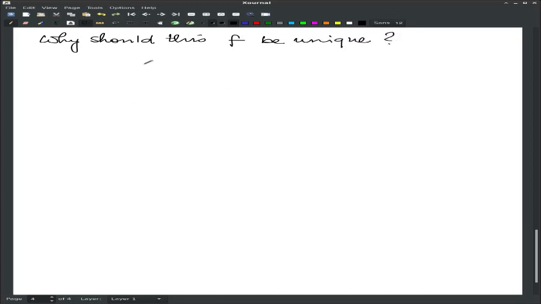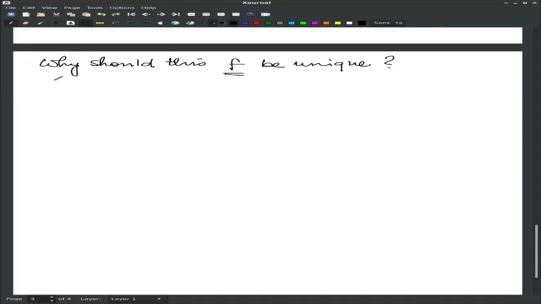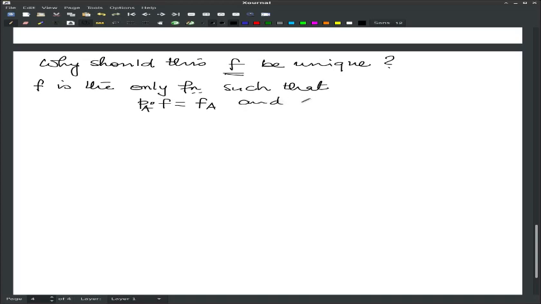What does it mean? I am not saying that there is one and only one function from T to A cross B. I am saying the statement is uniqueness. F is the only function such that PA composed F is equal to FA and PB composed F is equal to FB. So that's my whole story.